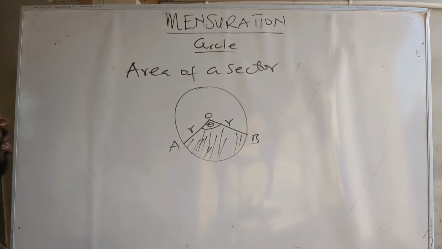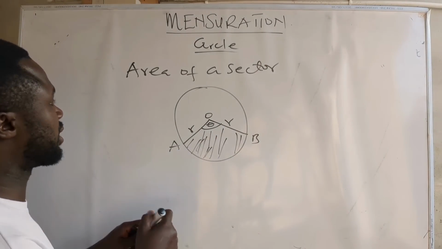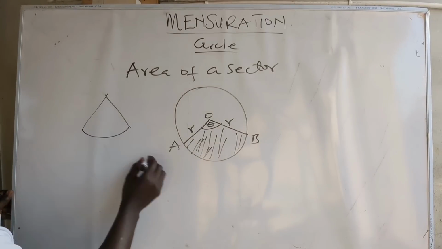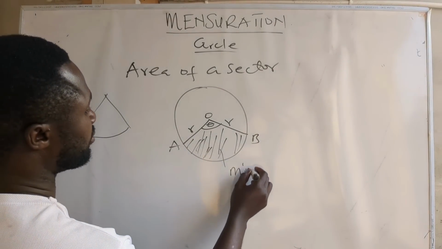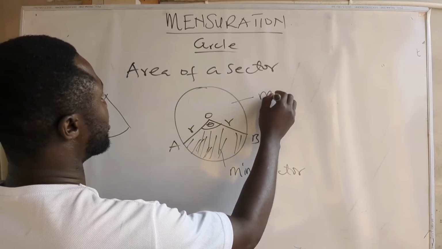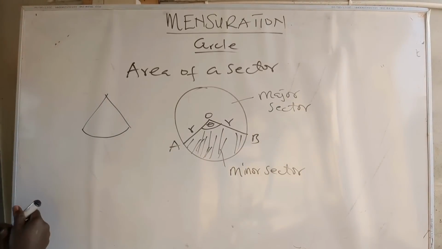So this is also my sector. So if the shaded portion is the sector, a sector is like this. So the sector here is the minor one, the minor sector, and then this place is the major sector.